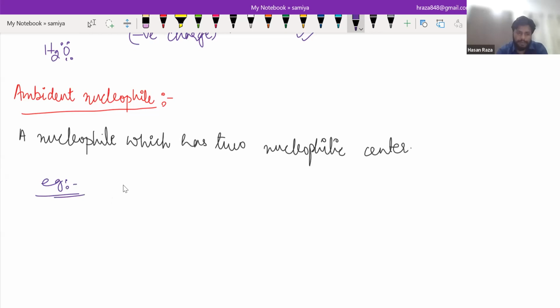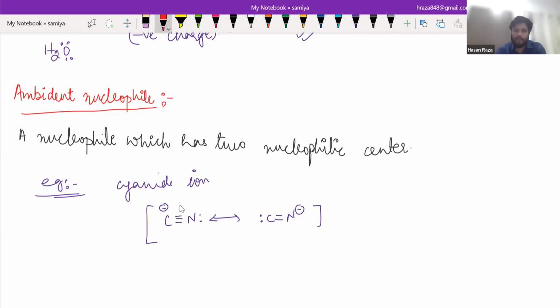For example, the cyanide ion. You can see C triple bond N with a negative charge, and we know that nitrogen has a lone pair. Or we can write C double bond N with a negative charge. So there are two nucleophilic centers; it can donate from either this side or this side. This type of nucleophile is known as an ambident nucleophile. Is that clear, everyone?